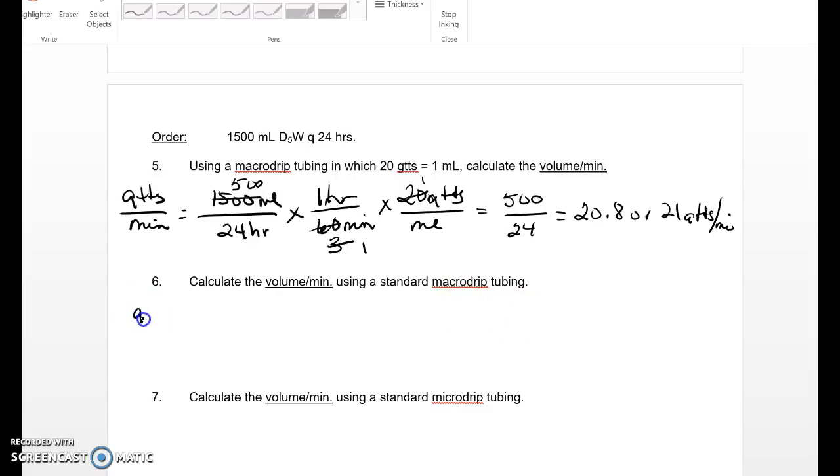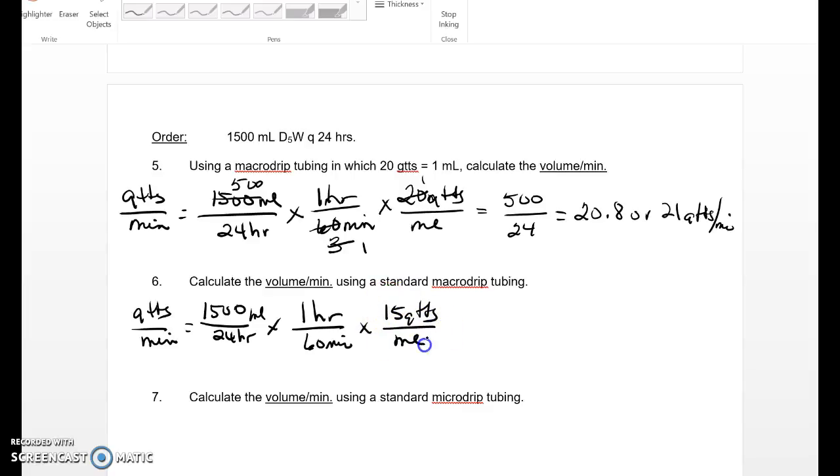So we're looking at drops per minute, and we're just going to set it up the same way, only instead of the 20 drops we're going to put in 15. So we have 1500 over 24 hours. 1 hour is 60 minutes, and 15 drops per ml.